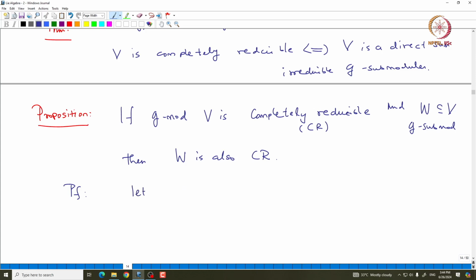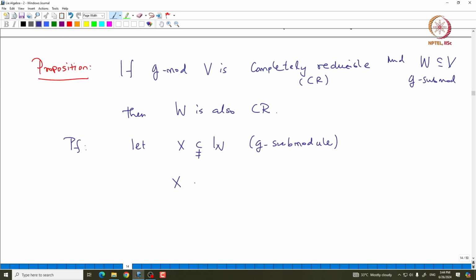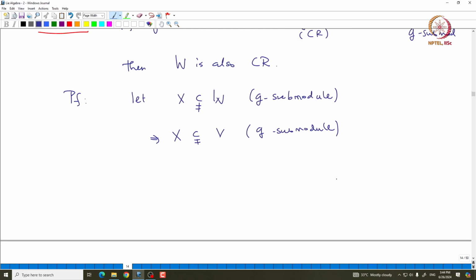Let X be a proper G submodule of W. Submodules being transitive, X is also a proper submodule inside V. Now V being completely reducible, you have some G submodule X dash inside V such that V can be written as X direct sum X dash as G modules.